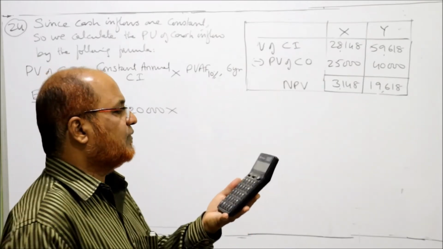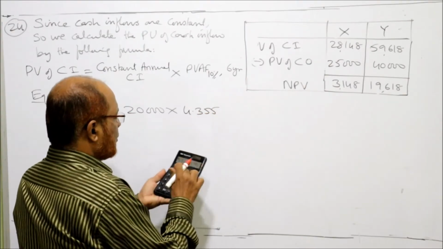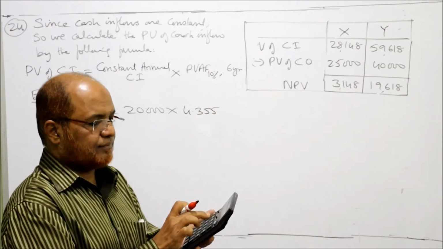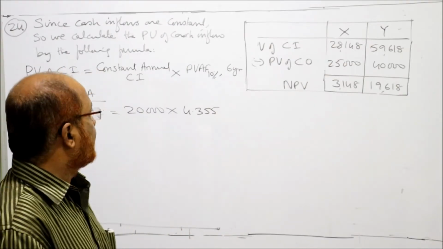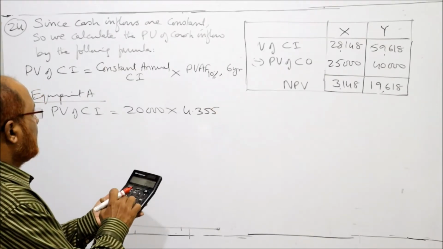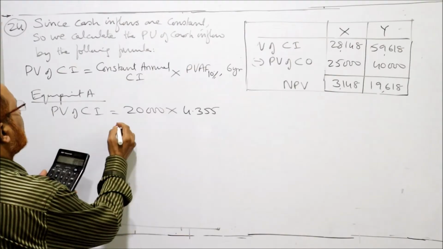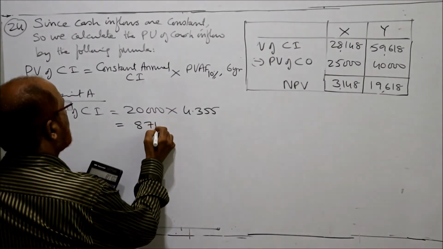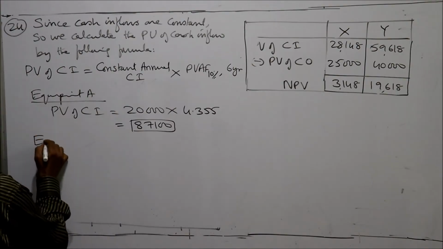It is 4.355. This is the annuity factor. Now multiply 20,000 into 4.355. 87,100. This is the PV of cash inflow of equipment A.